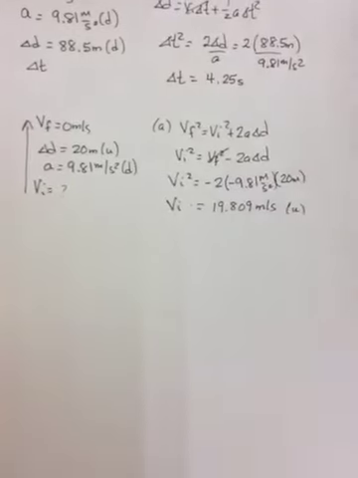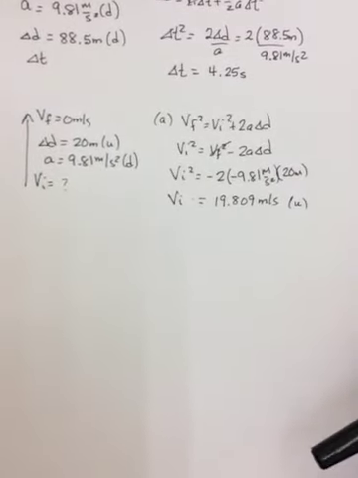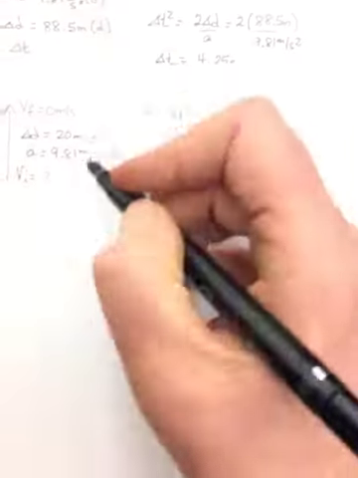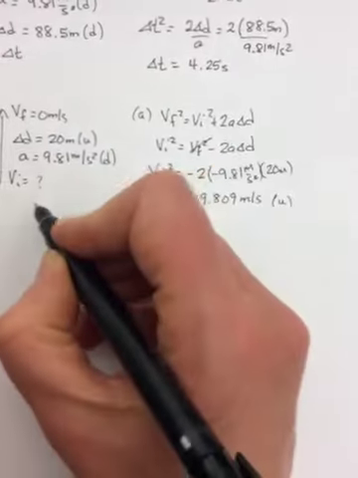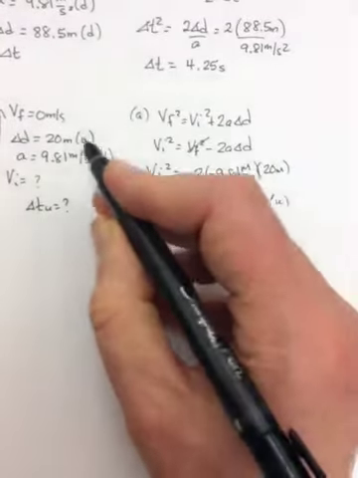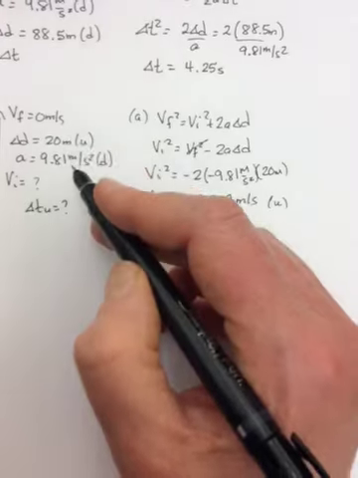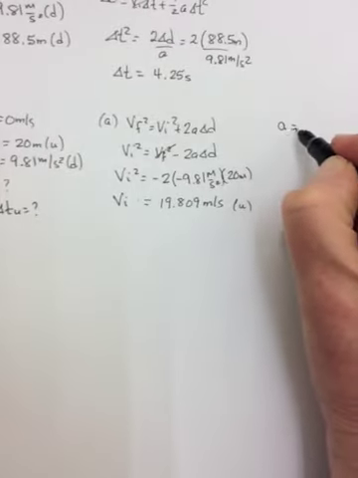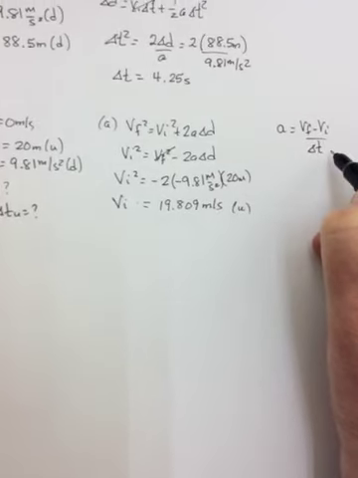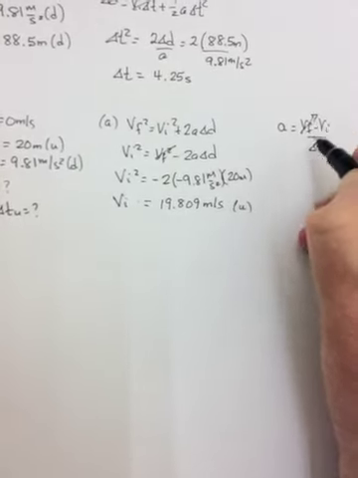Part B says how much time elapses from the time he throws it until he catches it. So you could find the time to go up and then double it. So we now know the initial velocity, we know the final velocity, we know acceleration. You could use A equals VF minus VI over delta T, and if we're finding the time up, the VF is 0.